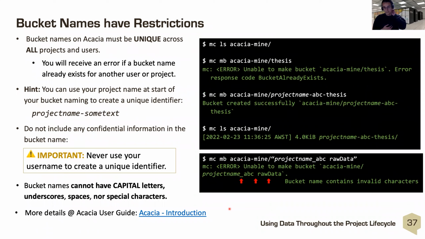Now, it is important, and you can check more about this in the Acacia user guide, to notice that bucket names cannot be totally arbitrary. There is some kind of an awkward restriction about object names, which is that buckets in the whole of Acacia need to have a distinct name, a different name.